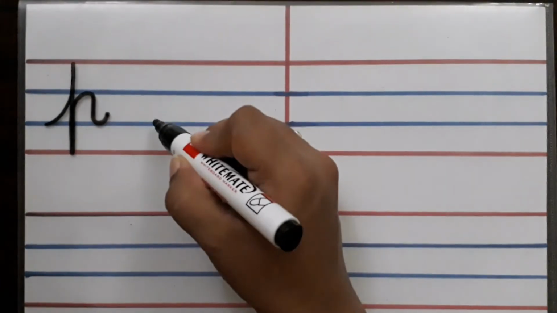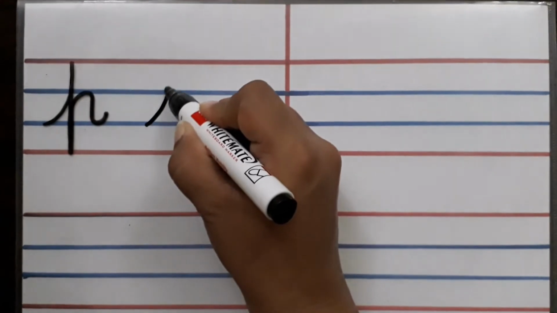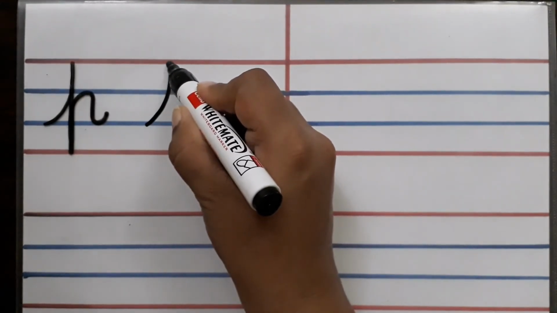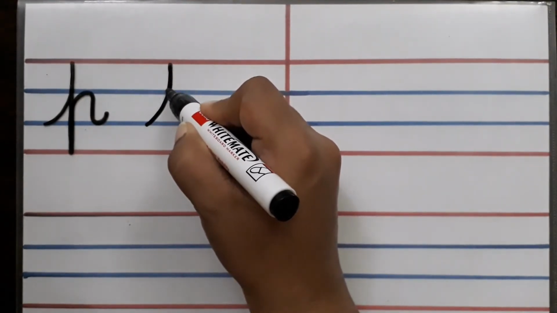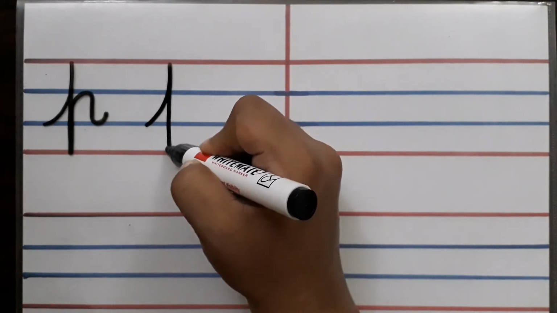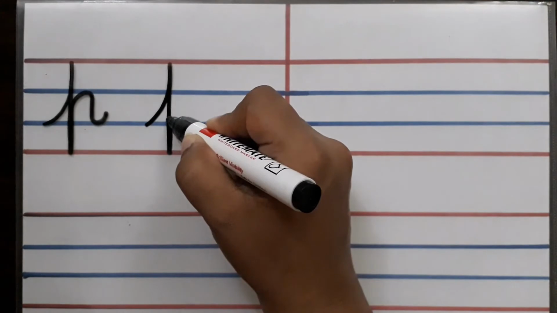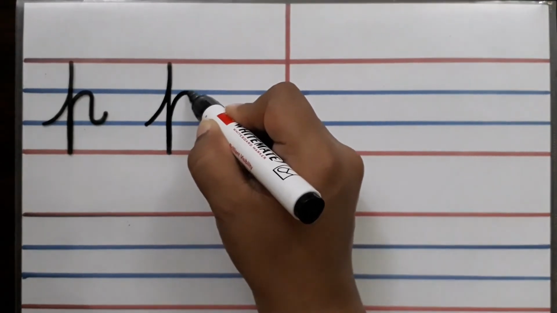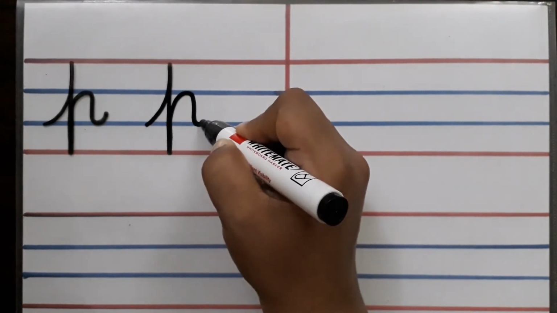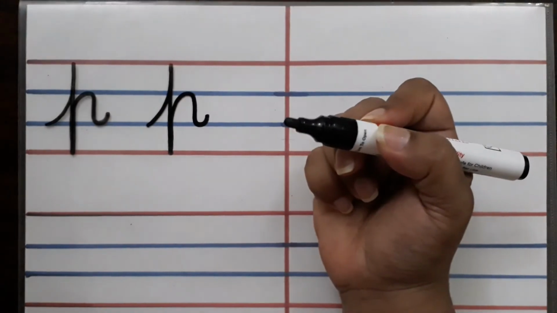One more time, slanting line goes up, touch the red line, make a big number 1, come down, touch the red line, go up again and turn and a tail out.